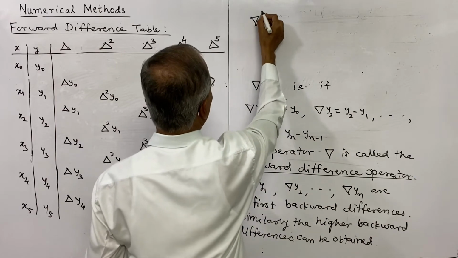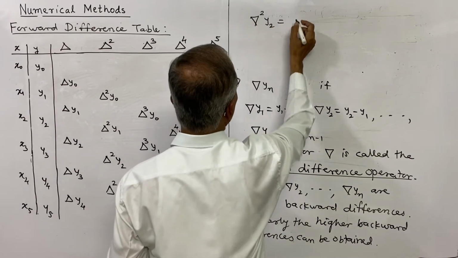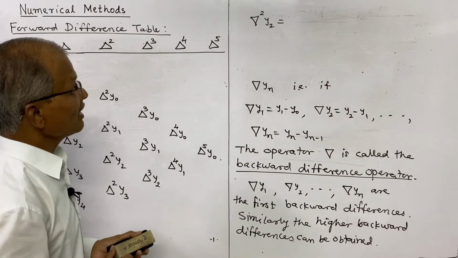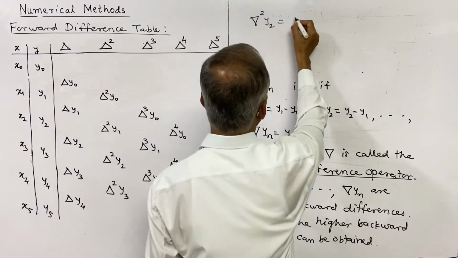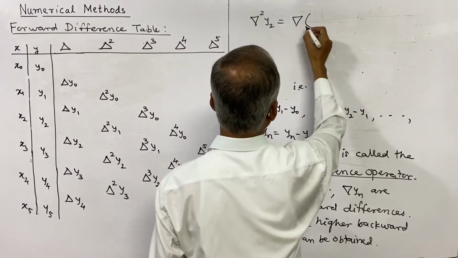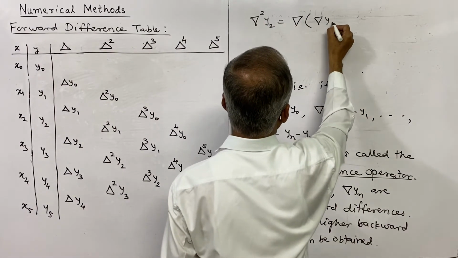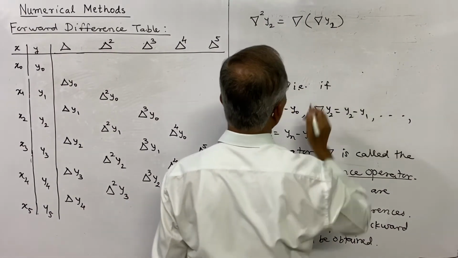Del square of y2 is equal to del y2 minus del y1, or we can say del of del y2.